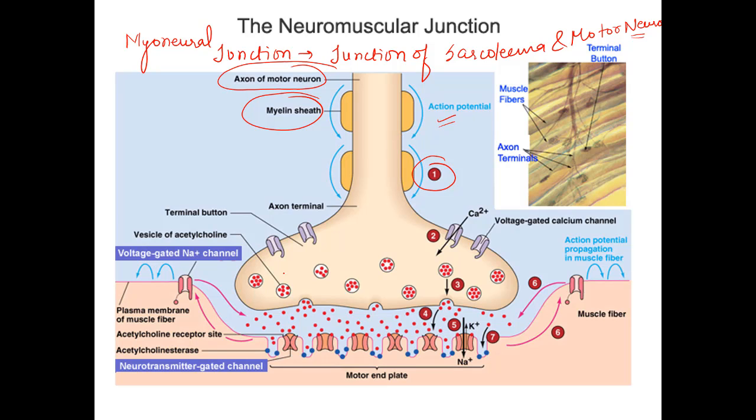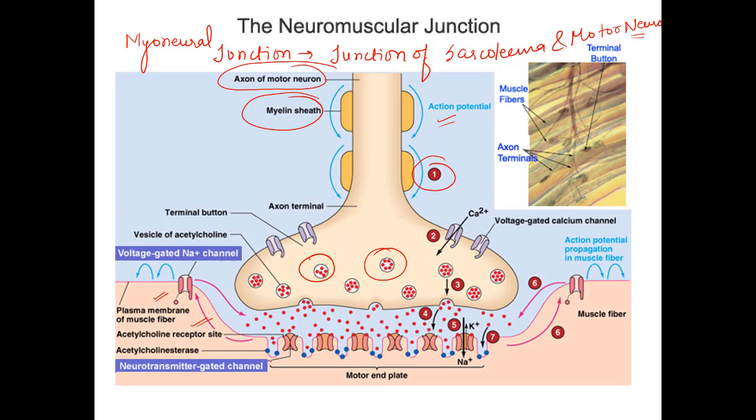Now you can see there is a release of neurotransmitter from these synaptic vesicles. These are the synaptic vesicles. They release neurotransmitter. When the neurotransmitters go, you can see the plasma membrane of the muscle fiber, the acetylcholine receptor site, and acetylcholinesterase, which breaks down the acetylcholine.